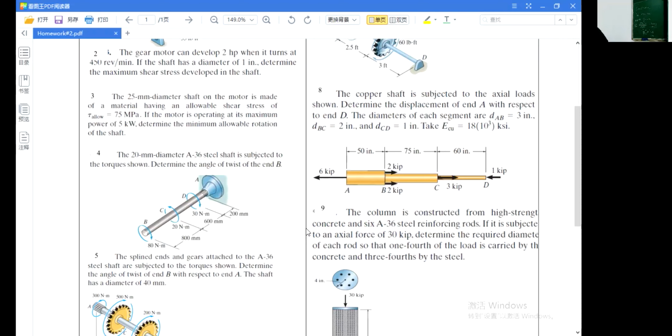It's a fixed end. Yes, now ask you find the rotation of end B. It will rotate. Yes, this part is fixed. It will rotate an angle. Ask you find the angle.